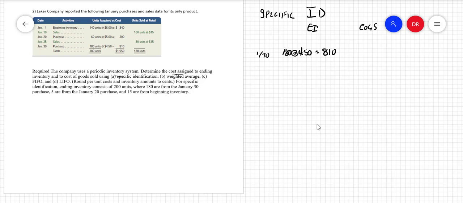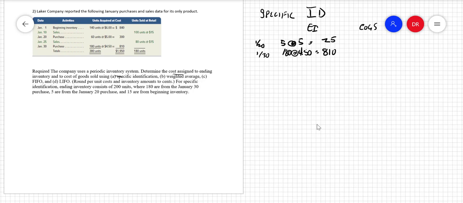And then we have 5 from this January 20th purchase. So we have January 20th, we have 5 units at $5. That equals $25. So we have $25 in ending inventory there.